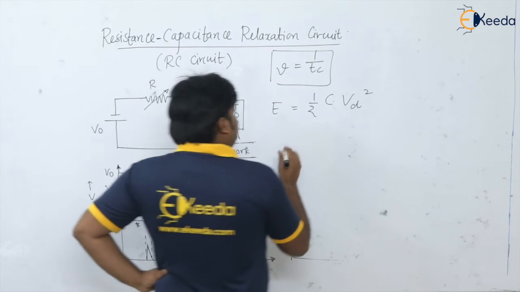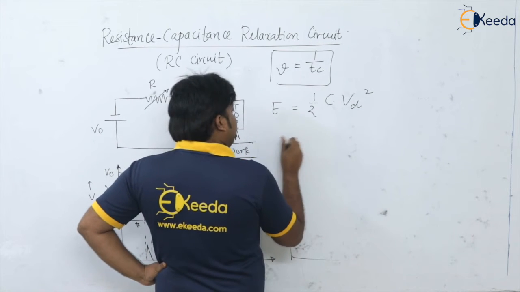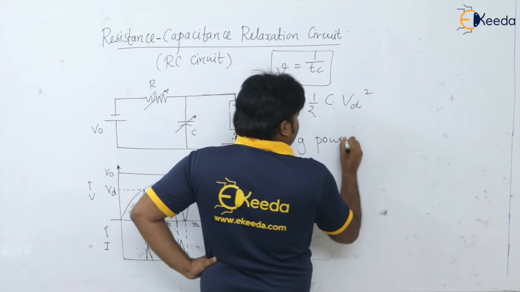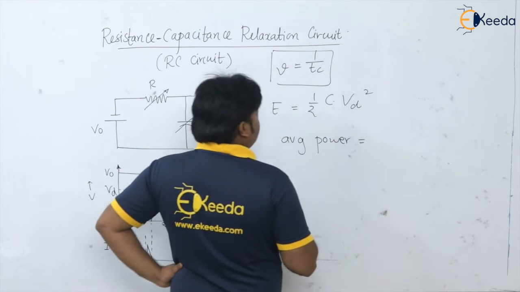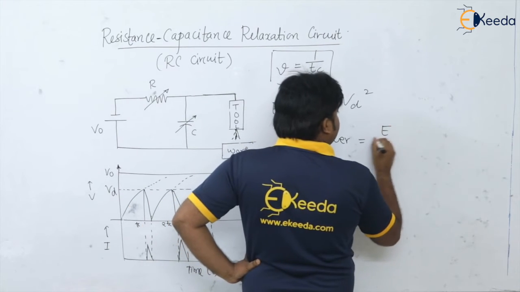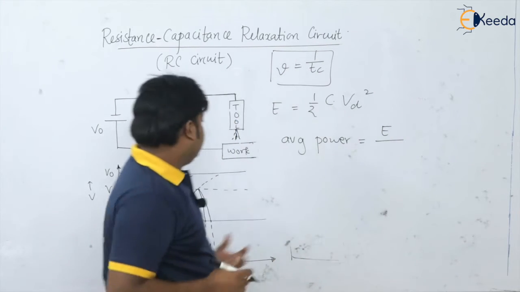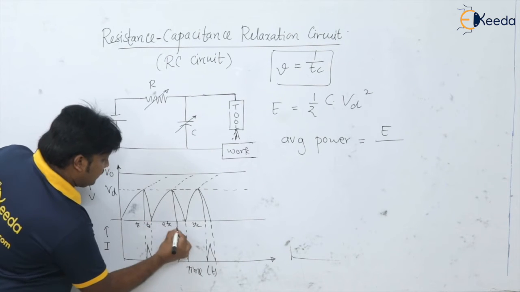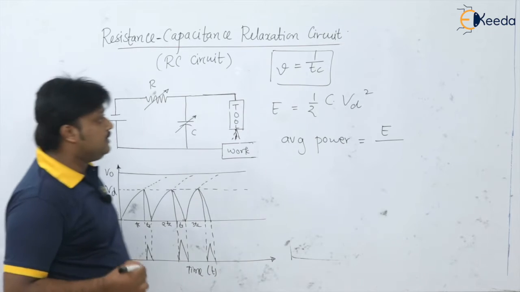Now, if I want to write the average power in this EDM, then what can I write? This energy divided by time. And how much time is there? The charging time plus the sparking time, isn't it?